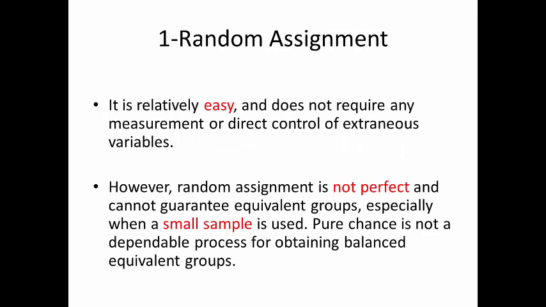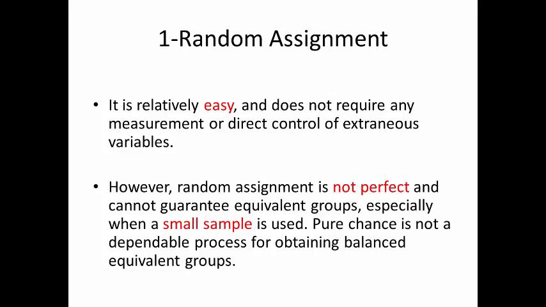Random assignment is when you have your sample, like you have 100 participants to work with, you randomly divide them into two groups of experimental and control. So everything about these groups is going to be randomly distributed, like their IQ, their income, their height, their performance level, their experience. Everything is going to be randomly distributed, so we expect these two groups to be equivalent.